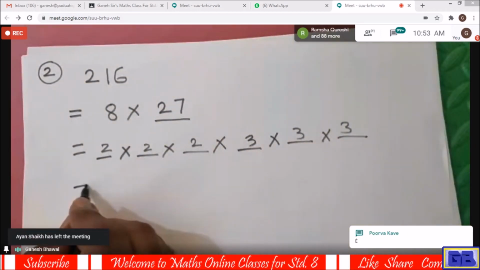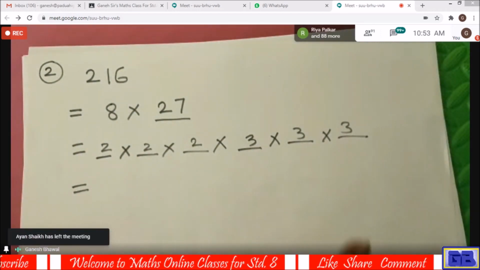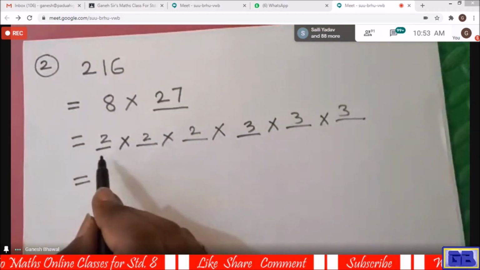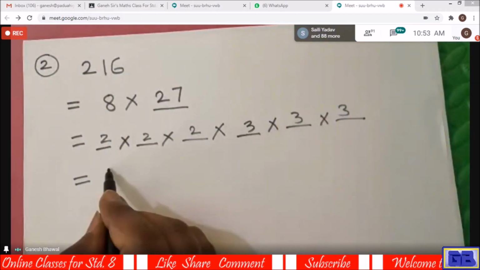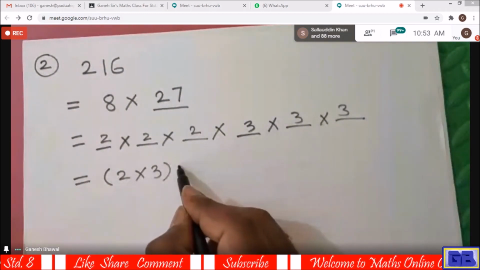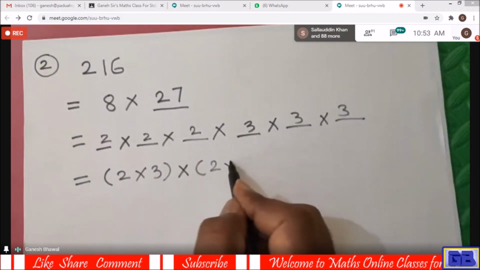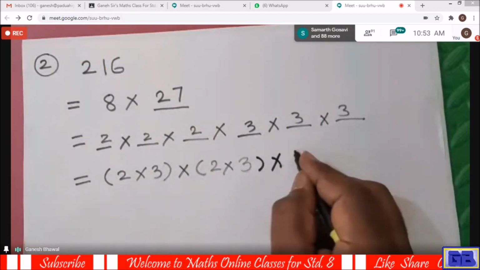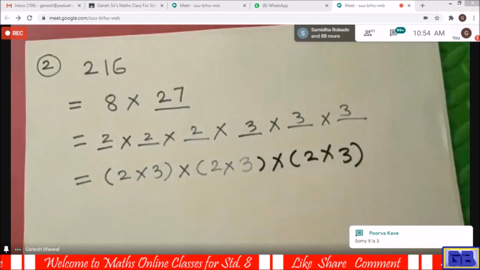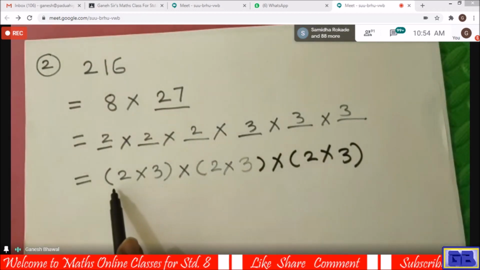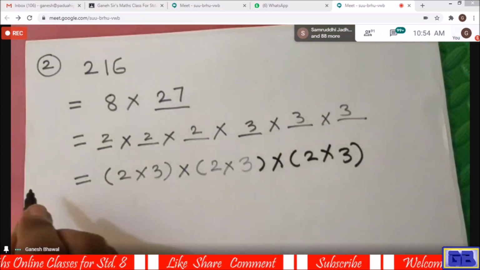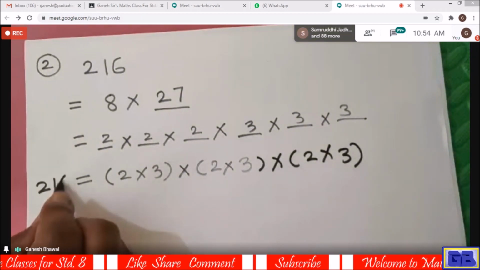Now as I said, we have to group these numbers in 3 pairs. I will take here 2 and 3. 2 into 3, multiplied by 2 into 3, multiplied by 2 into 3. We got 3 same pairs of numbers. Now take here 216.